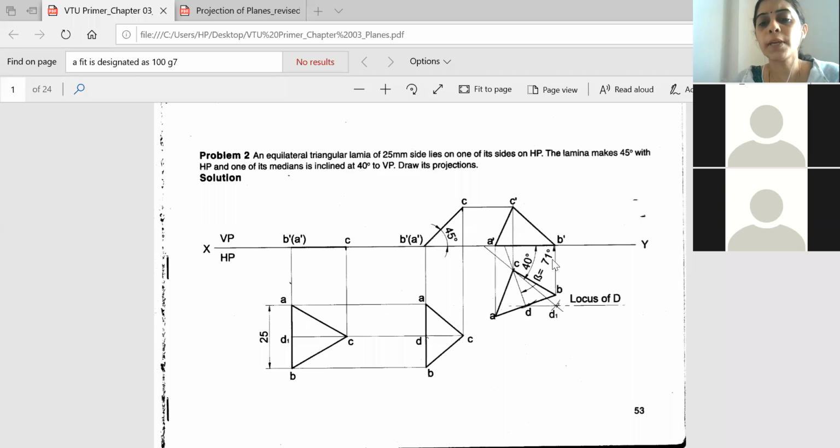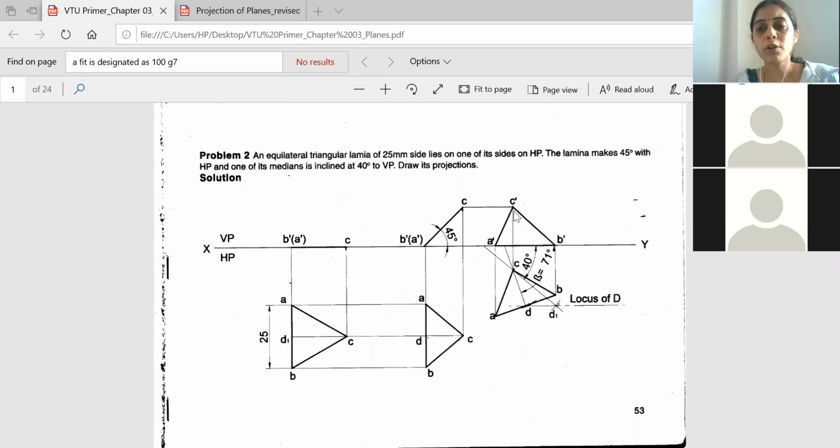Similarly, locus of B is meeting the locus of B dash at a particular point. Locus of C is meeting the locus of C dash at a particular point. So you will name it as A dash, C dash and B dash. Then you will join all the three sides to get the apparent shape of the given triangular lamina.